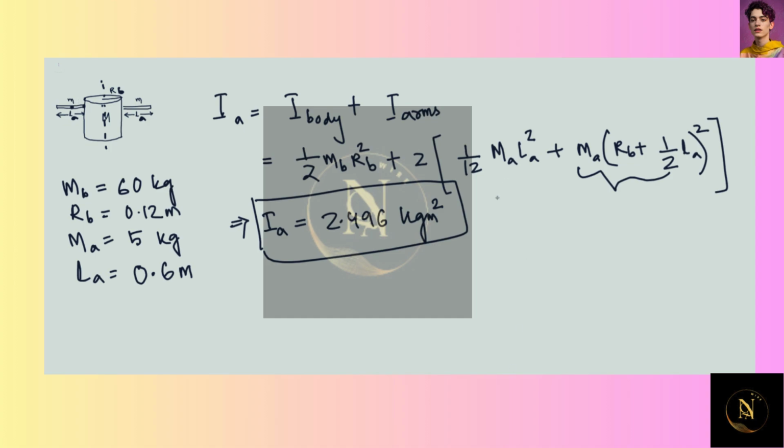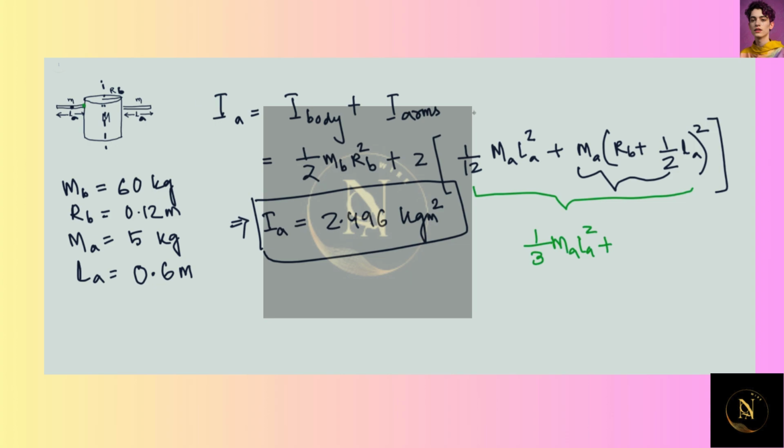Now another method, the same parallel axis theorem, but an alternate way of using it, which is what I was referring to initially. Take the moment of inertia about this point for the arm, which is 1/3 ma LA square.